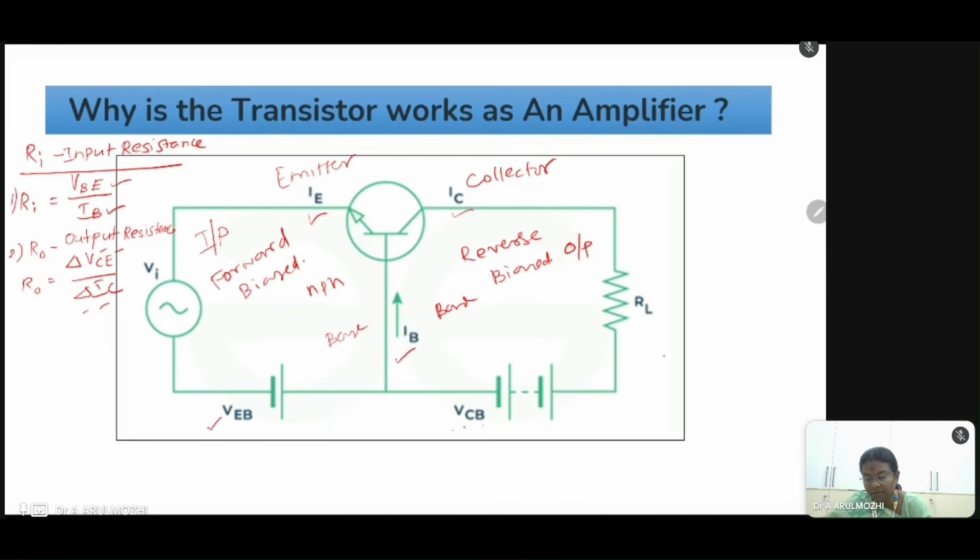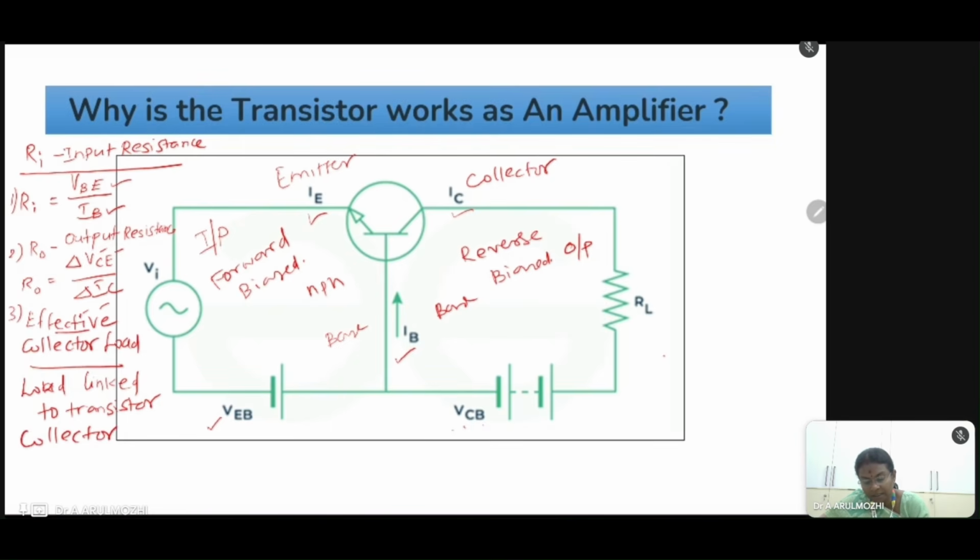And then we are going to talk about the effective collector load. As the name suggests, it is nothing but the load linked to the transistor's collector. Okay, so that is called the effective collector load.